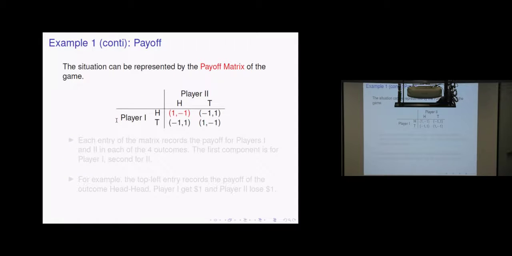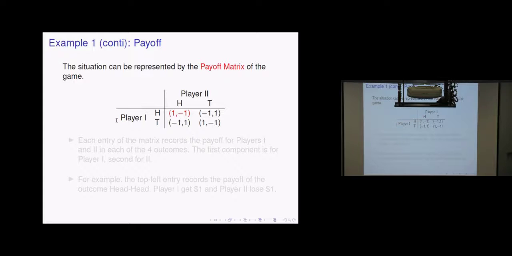So the situation can be represented by a matrix. We are going to see lots and lots of payoff matrices. In the game of matching pennies, we have player 1 and player 2. Player 1 is called the row player, so you should read his move by the first row and second row.